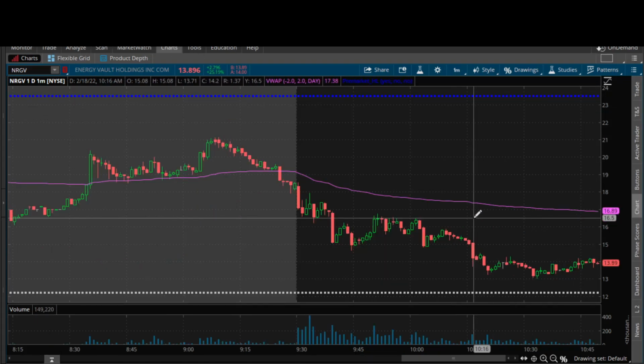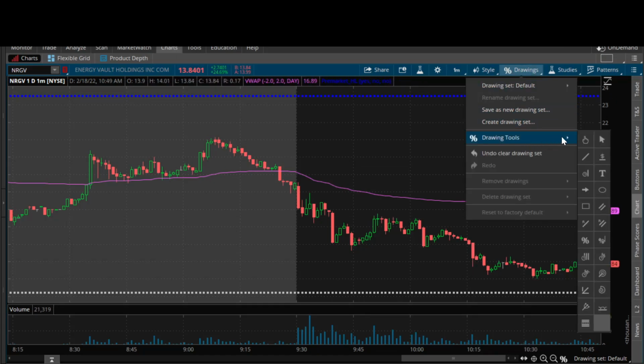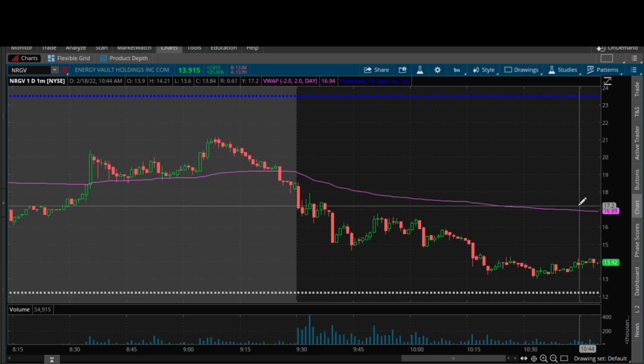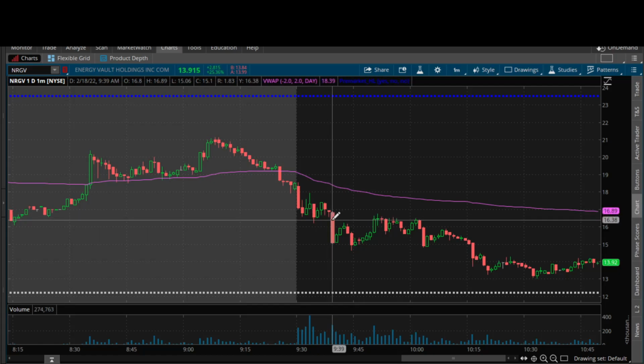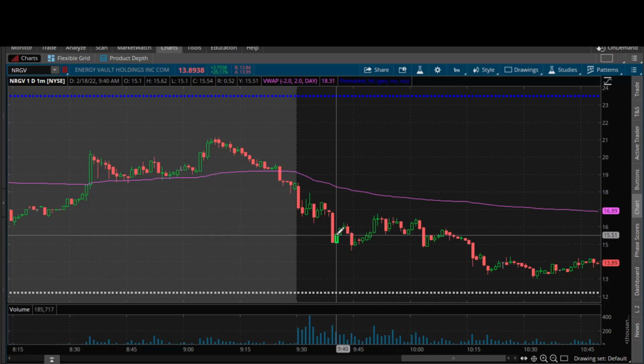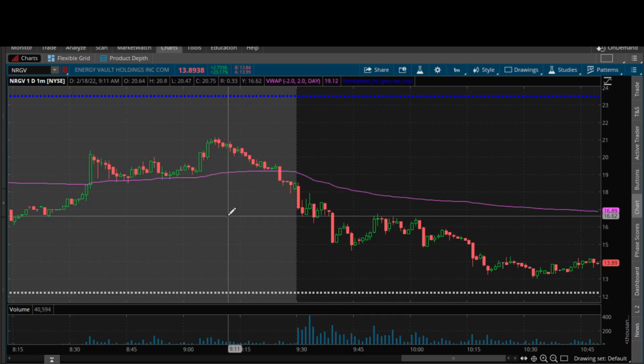So for example, here is a fair value gap. I'm going to draw it on here for you real quick. When I say 3 candles, look at where my cursor is. 1, 2, 3. You're using 3 candles to find the fair value gap. What you want to see is this.